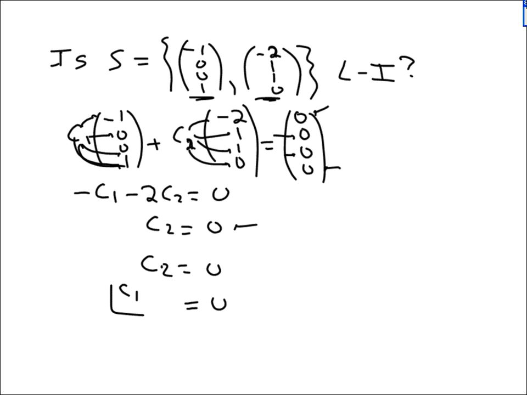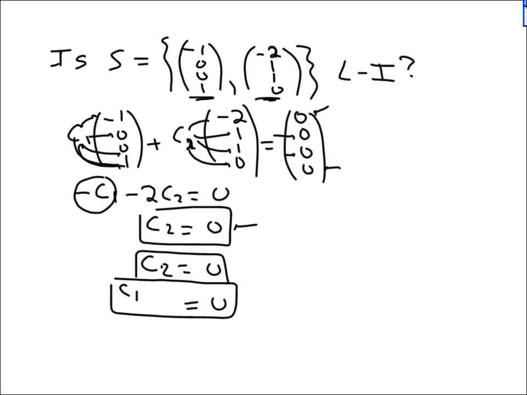So yes, I do have that C1 and C2 equal 0, but do the other equations contradict that? Well, the third equation certainly doesn't. It just says C2 is 0. Well, if C1 is 0, then this is 0, and if C2 is 0, 2 times 0 is 0, and 0 minus 0 certainly is 0.